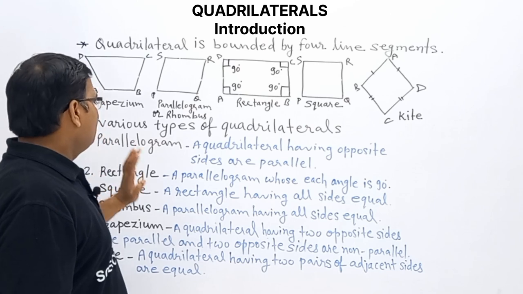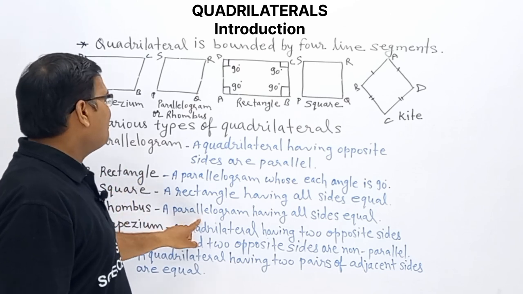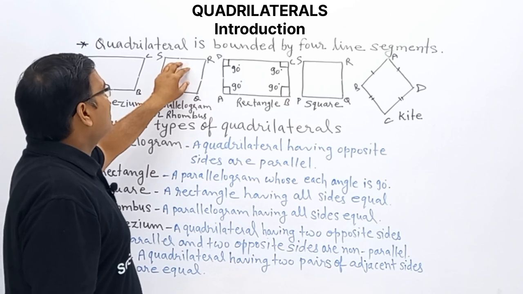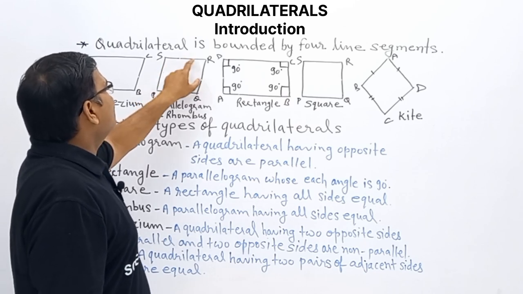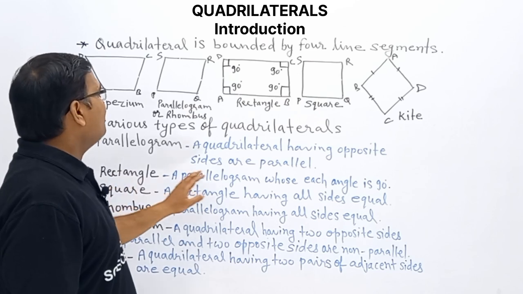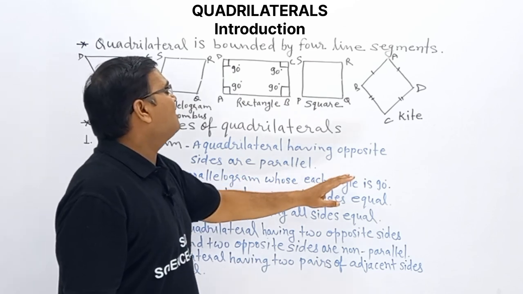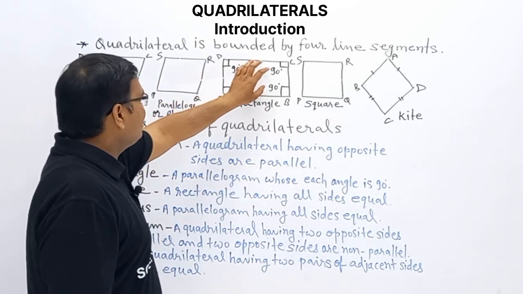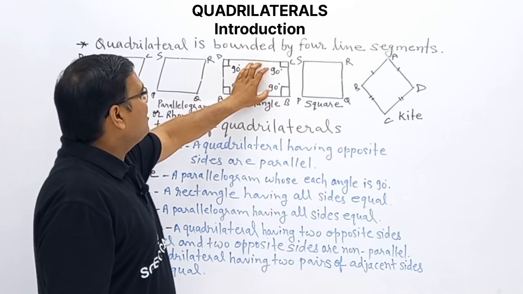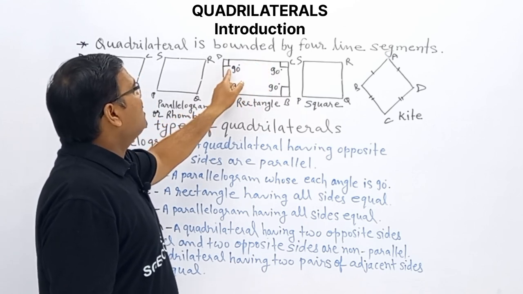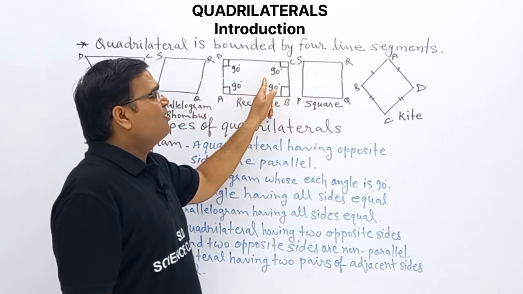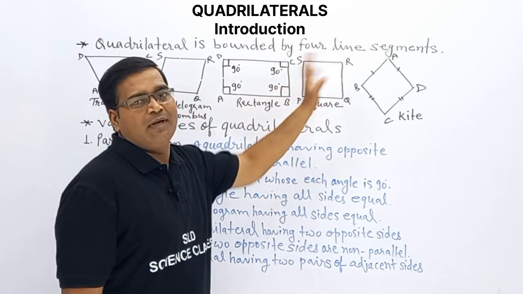Next one is the rhombus, a parallelogram having all sides equal. This one will be a rhombus. A rectangle is also a parallelogram, but each angle is 90 degrees. A square is a rectangle but all sides are equal.